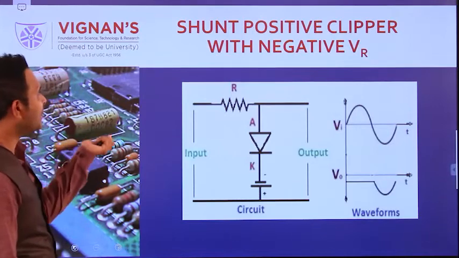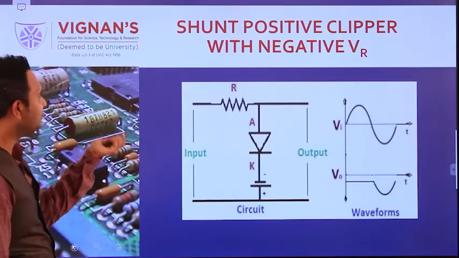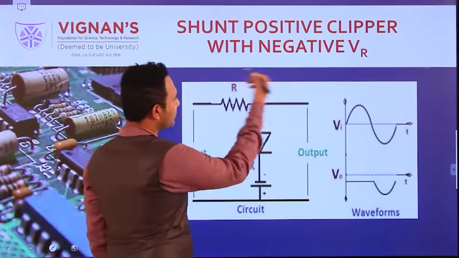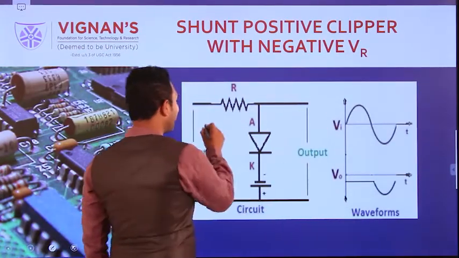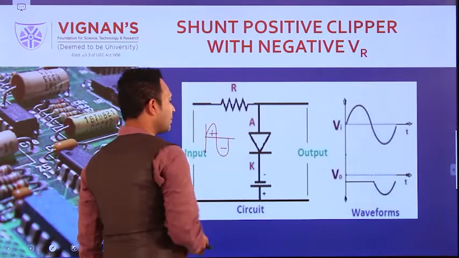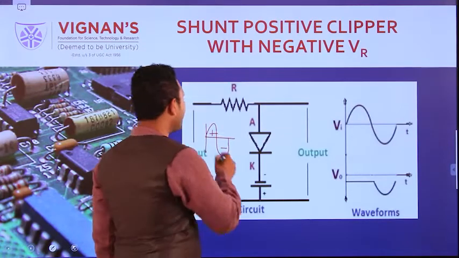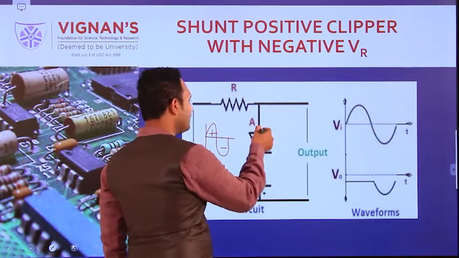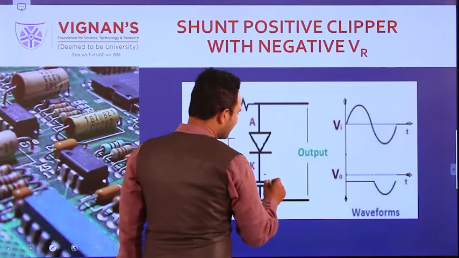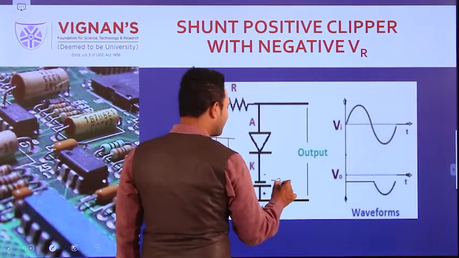Here also, shunt positive clipper with negative reference. Here the sine wave has positive and negative peaks only. At the time of the positive peak, the diode is in forward bias. The negative reference is minus 2.5 volts.